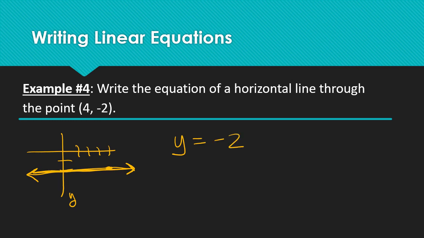Bam, you're done. The reason this works is because if you think of the word horizontal, it's H, O, ho, ho, ho, like Santa Claus. So the slope of every horizontal line is 0. So this would really be y equals 0x with a y-intercept of -2. And 0 times x really goes away, and that's what leaves you with the equation y equals -2.